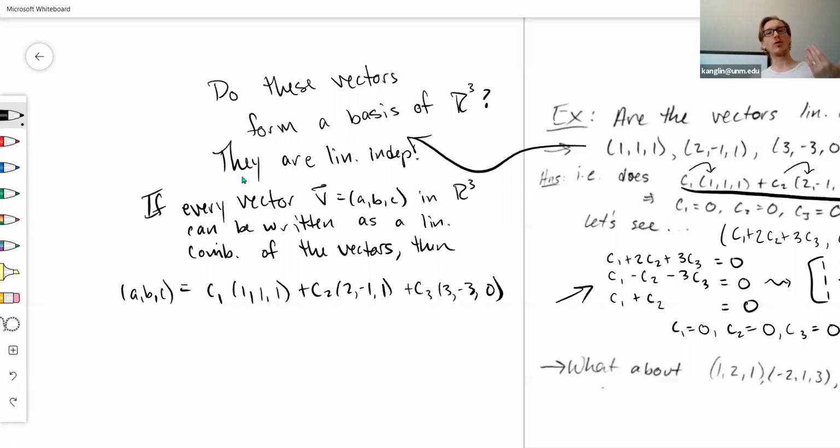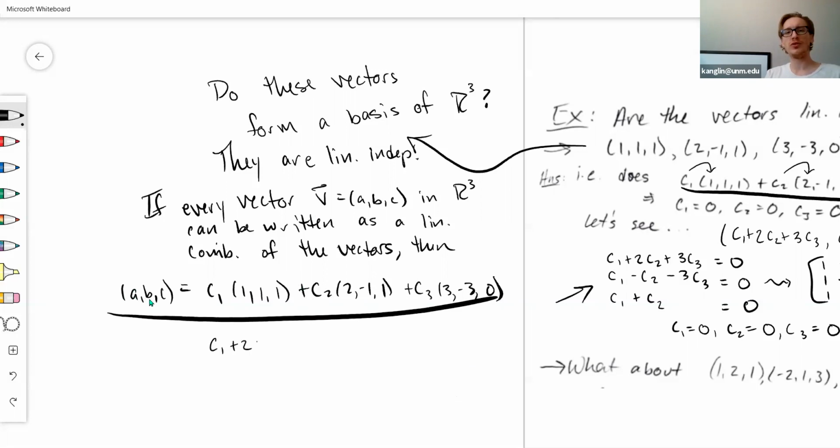And what are we really doing now? We're seeing that what we have to do is solve for C1, C2, and C3 in terms of the a, b, c. Well, how can we do that? We really unpack this into a system, which tells us C1 plus 2C2 plus 3C3 equals a. C1 minus C2, goodness, minus 3C3 equals b, and C1 plus C2 plus 0 equals c.